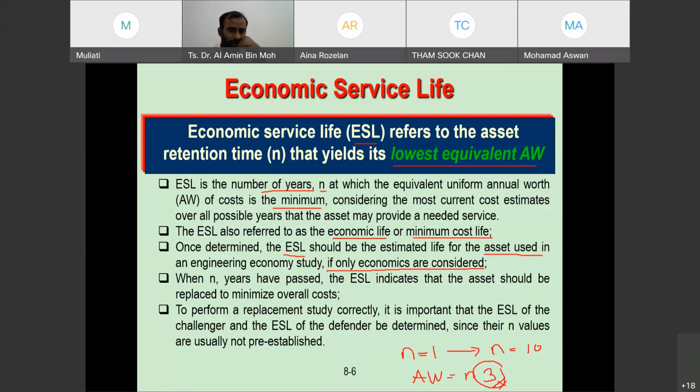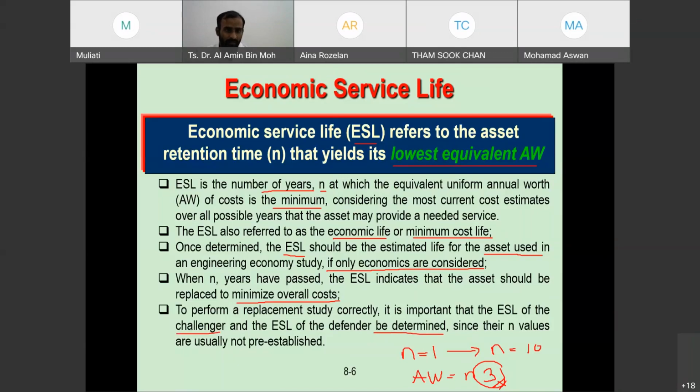That's what they are explaining here. Okay, so the ESL indicates that the asset should be replaced to minimize overall cost. If not, the costs are going to keep increasing. So to perform a replacement study correctly, it is important that the ESL of the challenger and the ESL of the defender be determined. So we're going to identify the ESL for both challenger and defender.